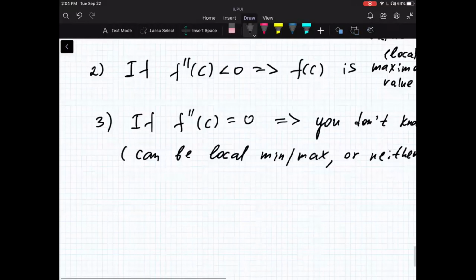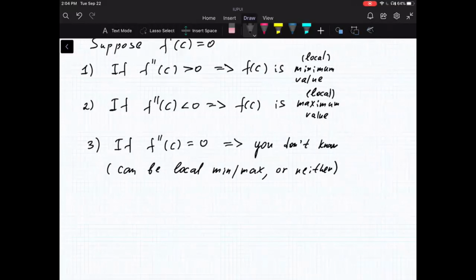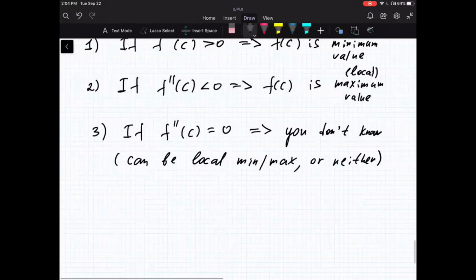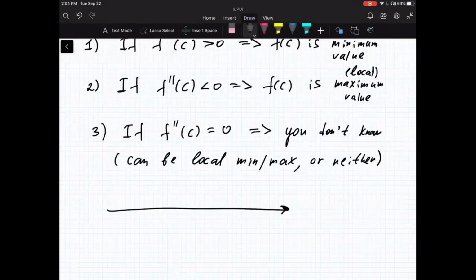So again, we remember how to determine if a point is a local minimum or maximum. Let me recall it. If you put the zeros of your first derivative on the line, say x0 and x1, and then you calculated that here the derivative is positive, here the derivative is negative, and here the derivative is still negative, for example. It depends on the function, of course.